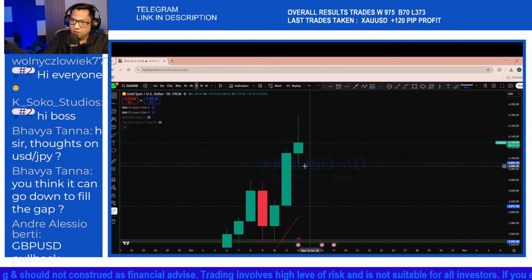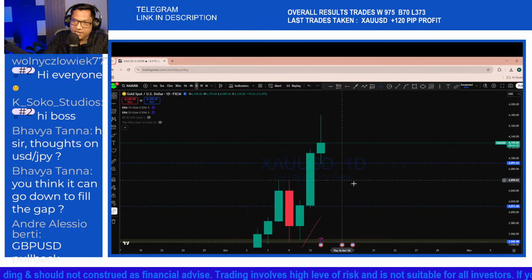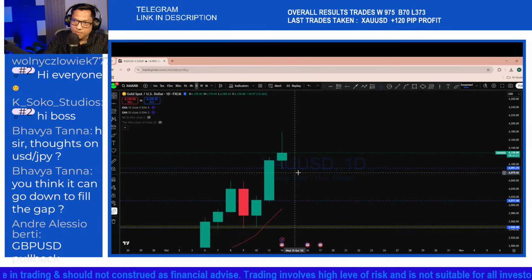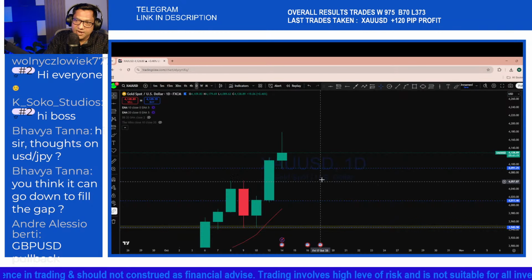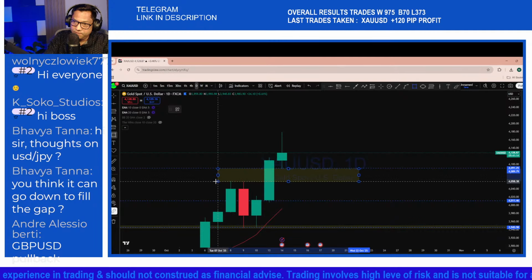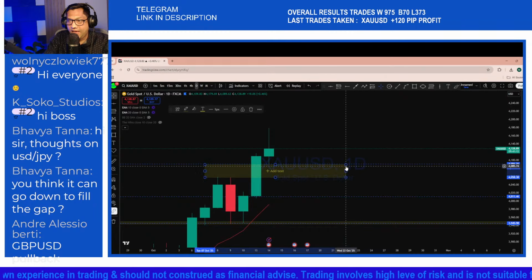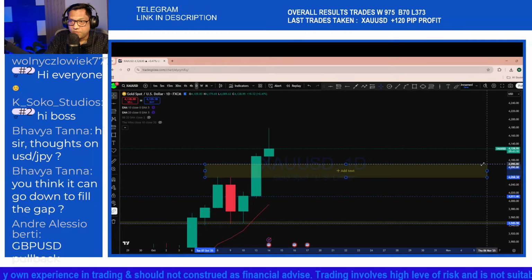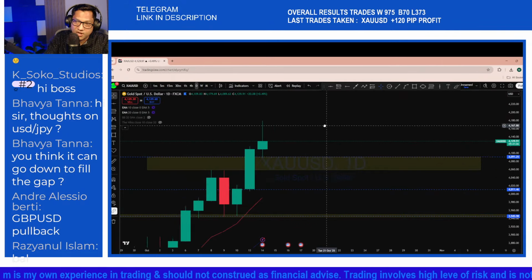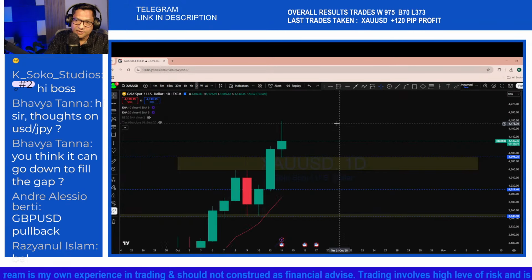With that daily support, there is a daily fair value gap, if we look, that has still not been tested, but are we going to see a daily fair value retest? We'll be looking at the lower time frame in that area.